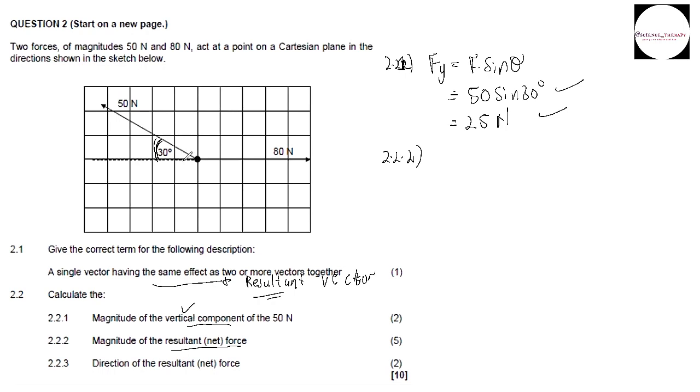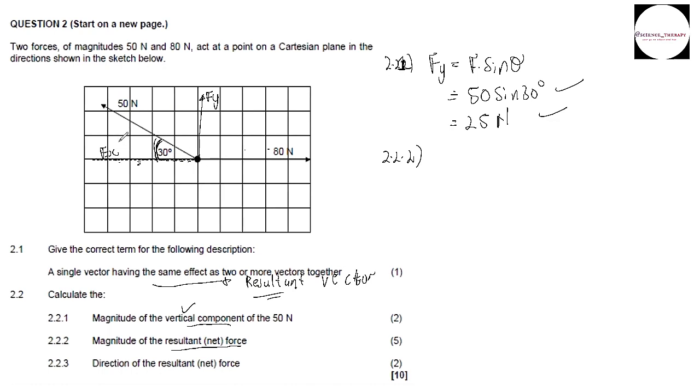Now, if we break this one into components, this becomes Fx, and up here we have Fy. So we only have 3 forces here: the horizontal component, the vertical component, and the 80 Newton. To calculate the resultant net force, we first need to find the net force of the horizontal forces, because our horizontal forces are going in opposite directions.